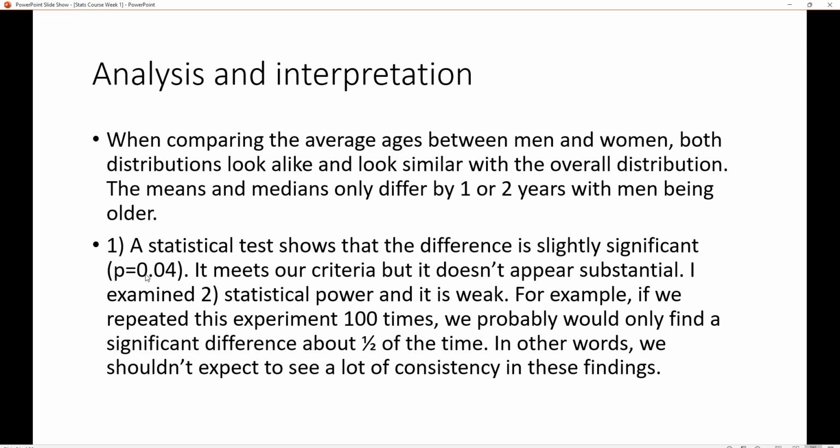There's a p-value of 0.04. You may have heard of p-values before. The lower the number is, the more unlikely we are to be wrong about saying something's different, that we have an important finding. It meets our criteria, but it doesn't appear substantial.